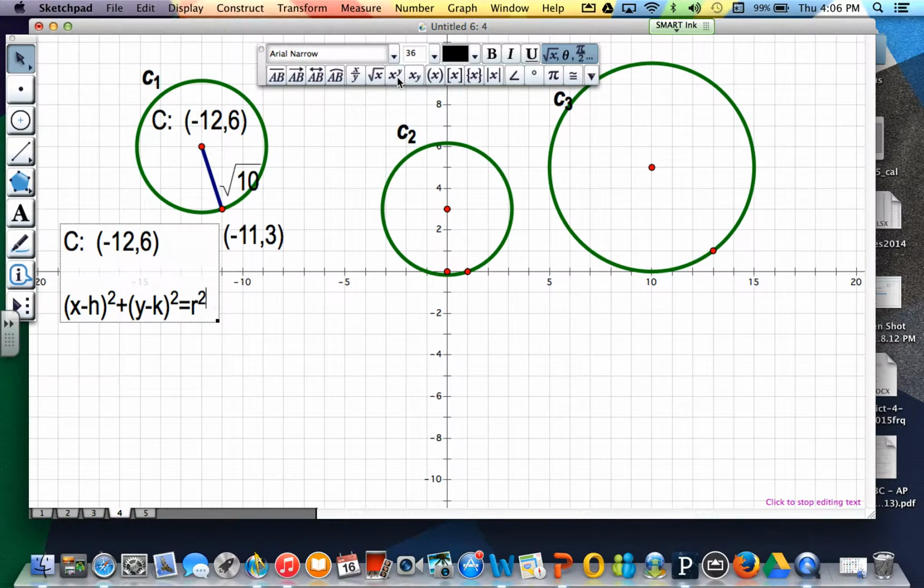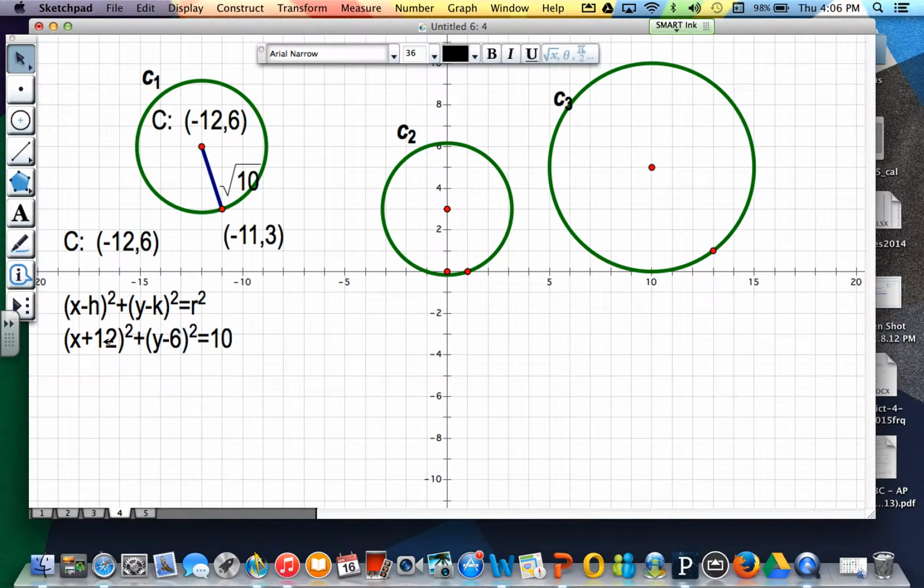So you don't even have to be intimidated by the square root of 10. You're just going to have the following: x minus (-12), so that's going to be (x plus 12) quantity squared, plus (y minus 6) squared equals square root of 10 squared. Well, that's a whopping and beautiful 10.